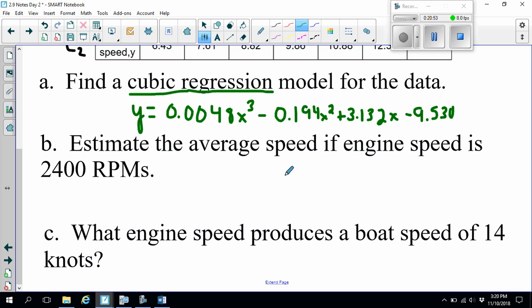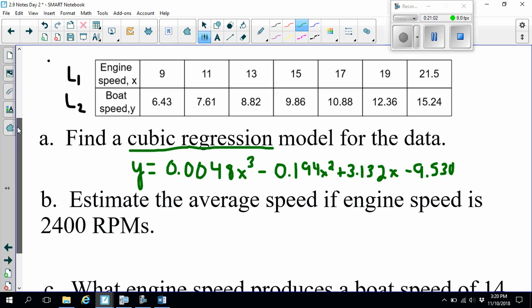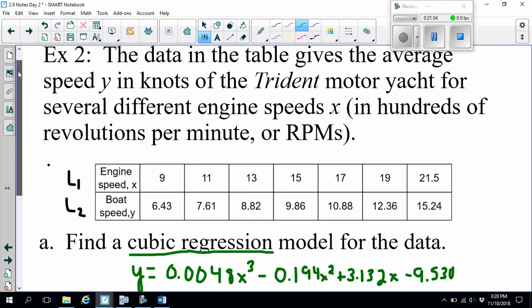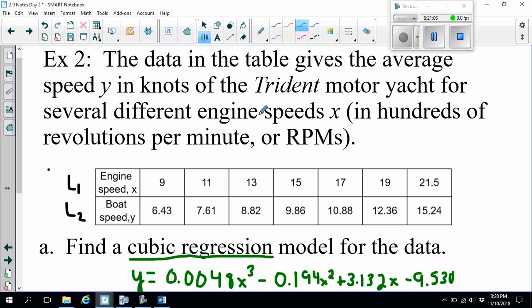So now part B says, estimate the average speed if engine speed is 2,400 RPMs. If we go back up, our x values are in hundreds of revolutions per minute, and our y values are in knots.